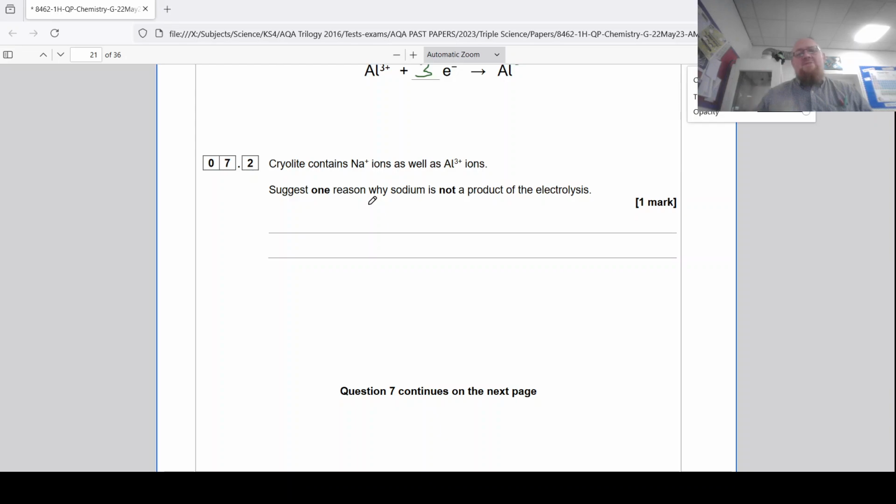So we get the same sort of effect. So one reason is that sodium is more reactive than aluminium. So very, very similar to what you've learned about solutions.